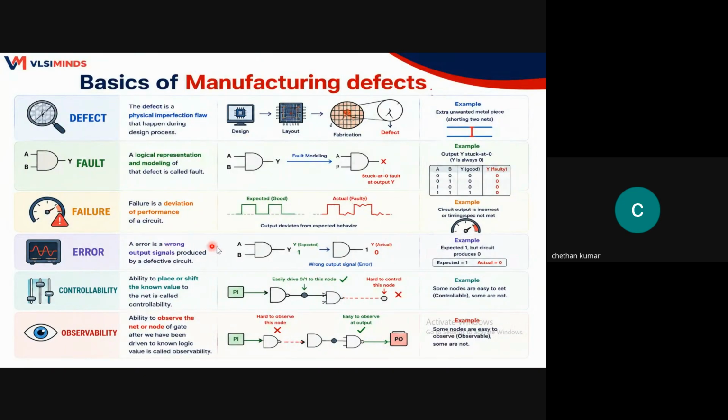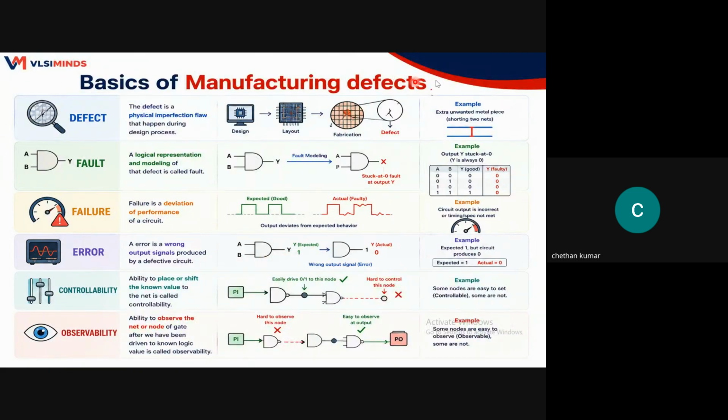So that will be measured by using error. Error means wrong output signal. So instead of the expected output result, what we are getting is called your error. The expected was 1. The actual, whatever we are getting out of this AND gate, was 0. So that is called error.